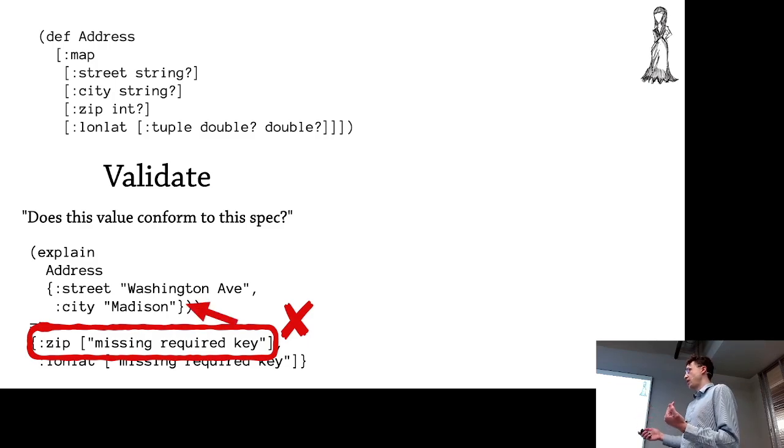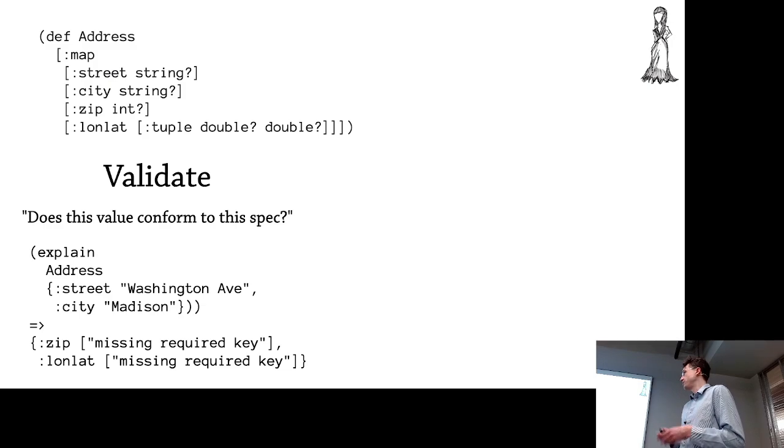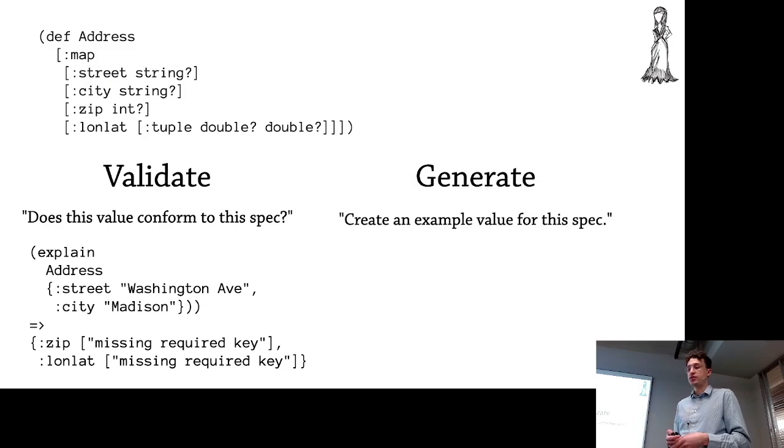So Malli here will say, hey, this value is missing a zip code, and it's actually this value here that I'm pointing to that needs a zip code. So that's validation. Another thing you can do is generate values. You can say, create an example for this value.